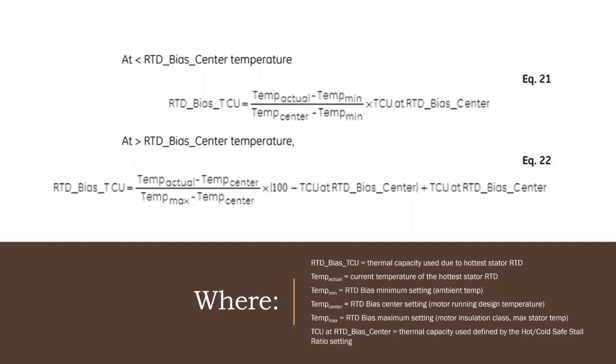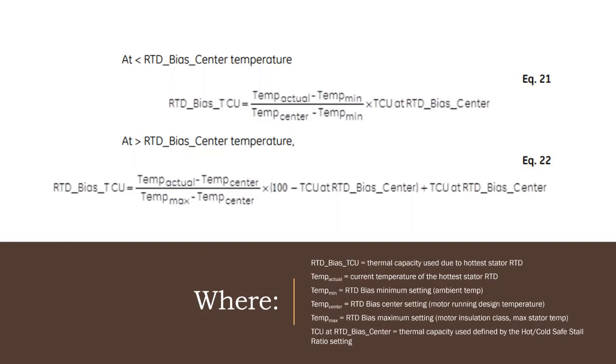The most important thing to understand is that the thermal model, the thermal overload model, and the RTD bias model are two independent models that are running simultaneously. So the RTD model is not adjusting the thermal model. It's not making adjustments. It's not learning. It has no effect whatsoever on the thermal overload model.